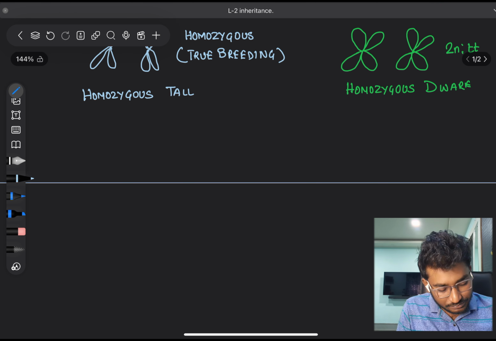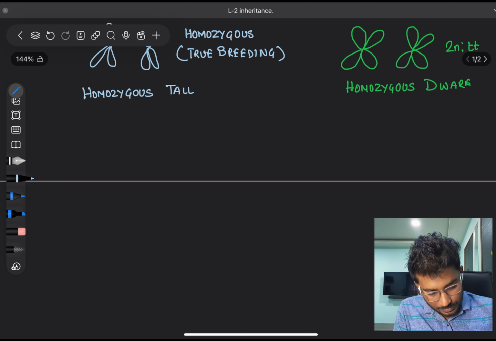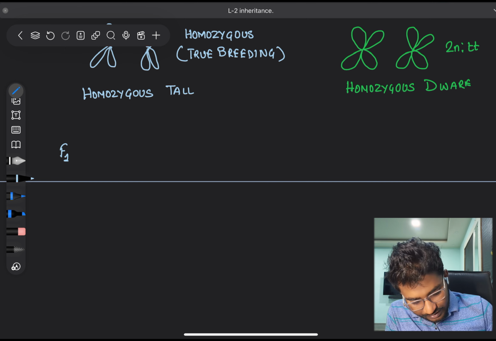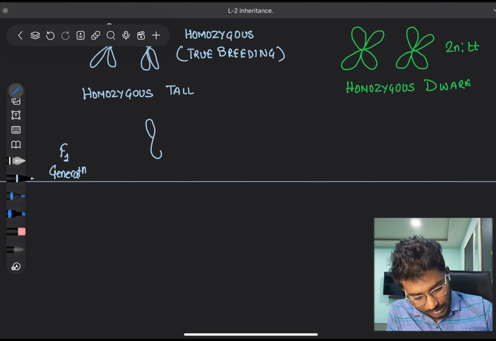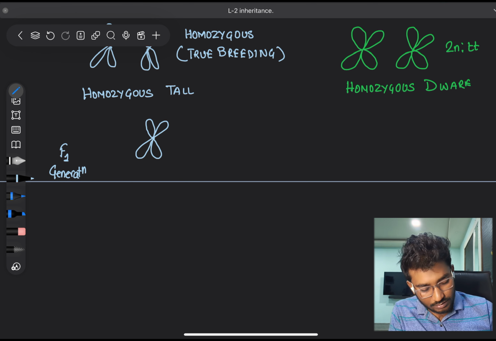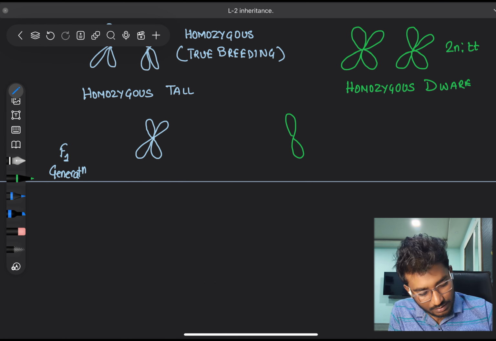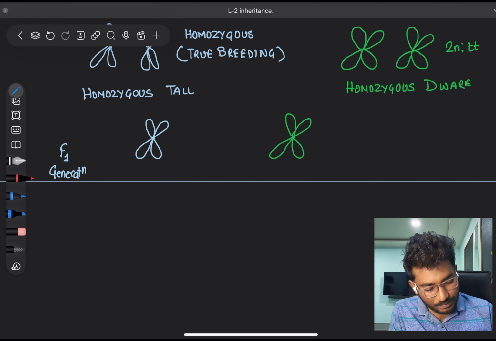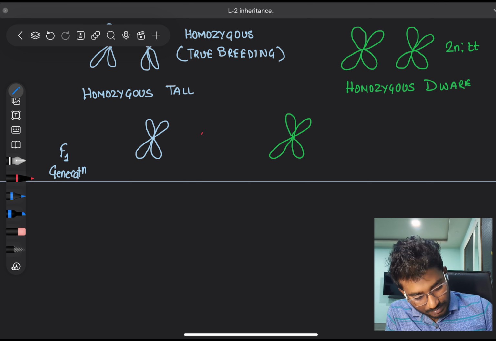Now we do the gamete formation in the first generation, the filial 1 generation, F1 generation. In the F1 generation, what do we get? An allele from the male and an allele from the female gamete.